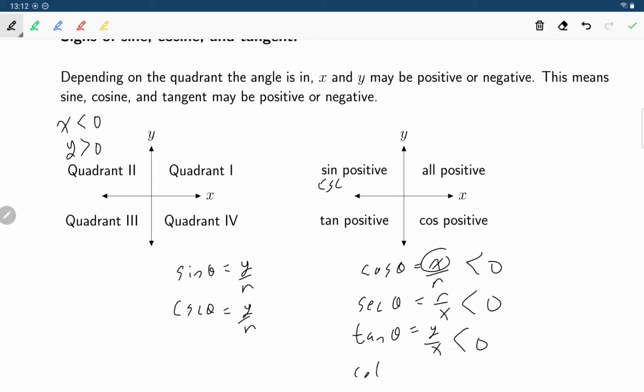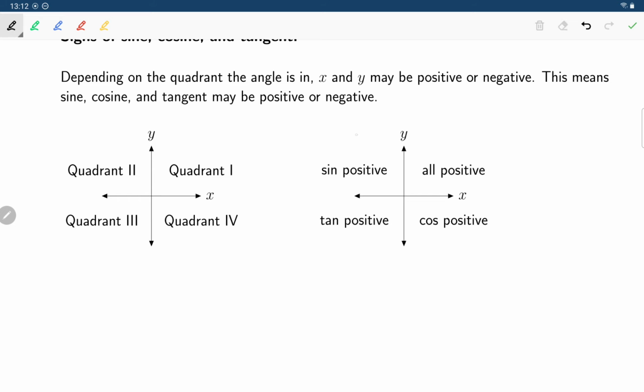And similarly, cotangent, since it's the reciprocal of tangent, should also be negative as well. So we discover here that in quadrant 1, everything is positive, but in quadrant 2, sine is positive and also cosecant. And you could make similar discussions about quadrant 3 and quadrant 4.